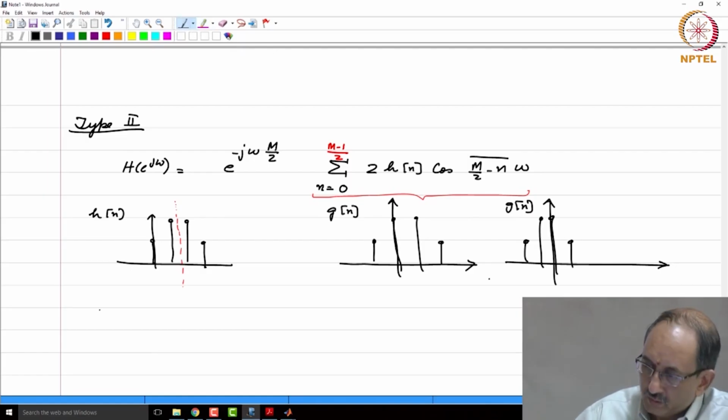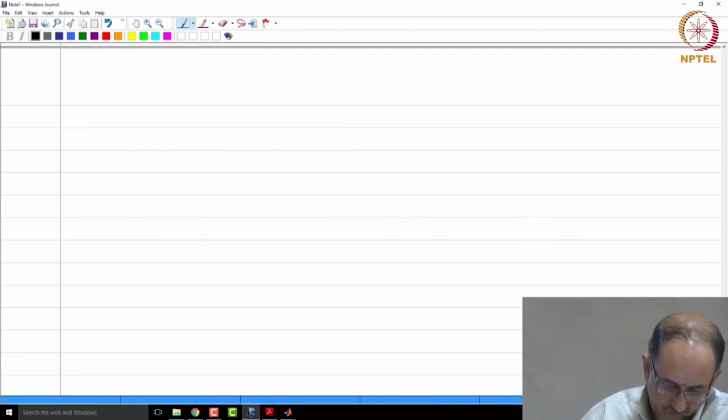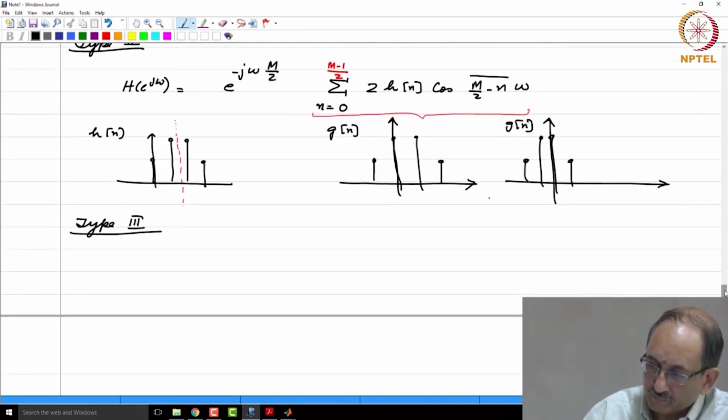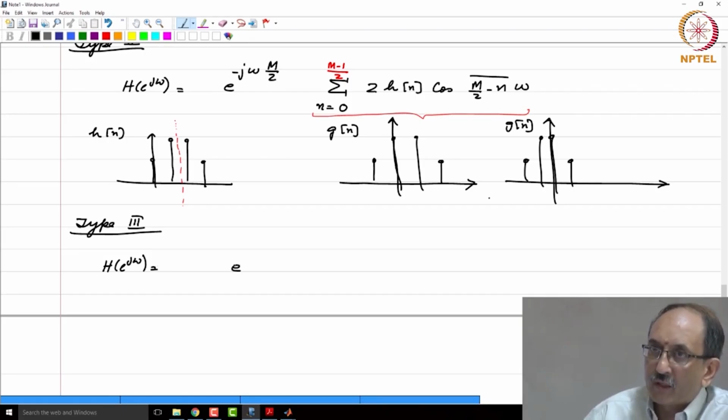And now that you have seen type 2, types 3 and 4 are similar. So, you have H of e to the j omega. Remember, type 3 is generalized linear phase, where beta corresponds to pi by 2. Therefore, you have e to the minus j omega m by 2.